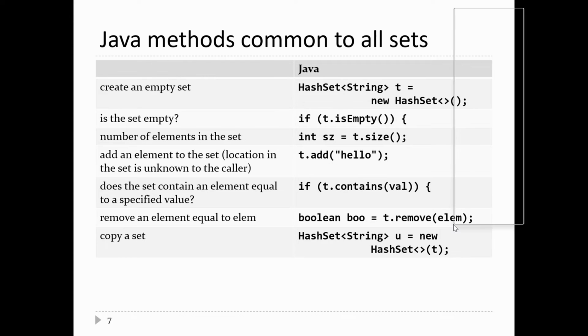If elem is not in the set, remove returns false. And if you want to copy a set, you just call the copy constructor for set, exactly the same as with a list. I want to copy t, just pass t to the constructor of hash set, and that will copy the set t.